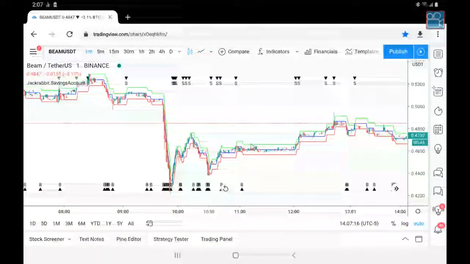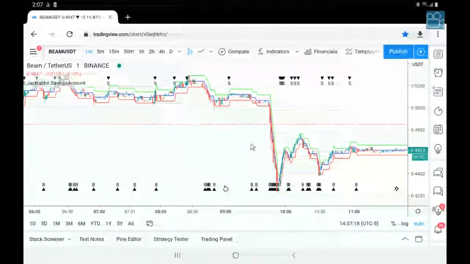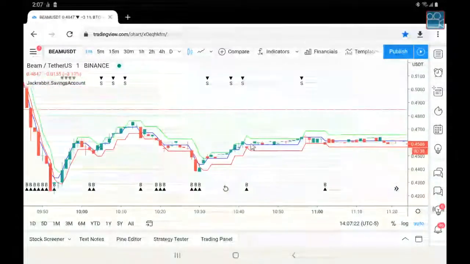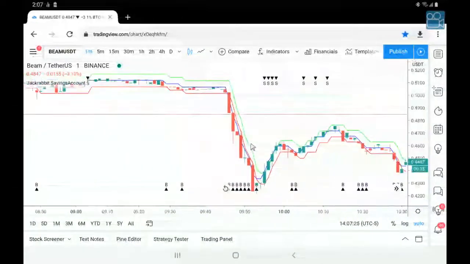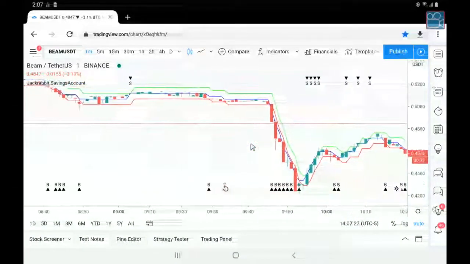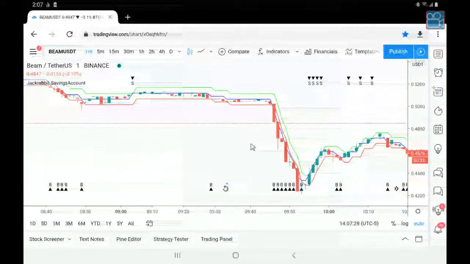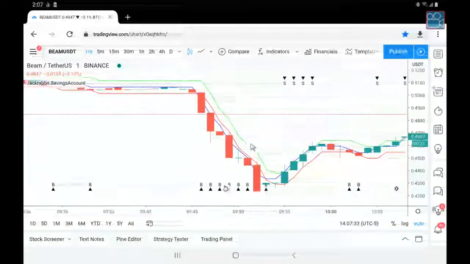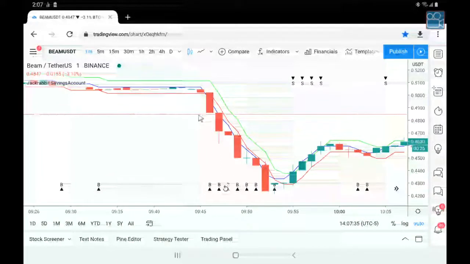Let's take a look at this. This is a good example of where a price deviation methodology is actually better than a stepped methodology. A price deviation methodology, look how quickly it dropped the average, the blue line, and how quickly it actually was able to sell at a profit.